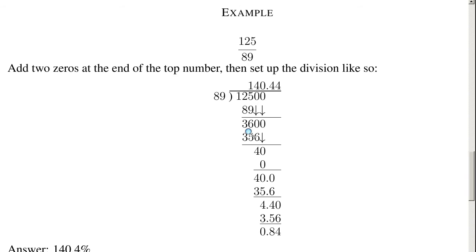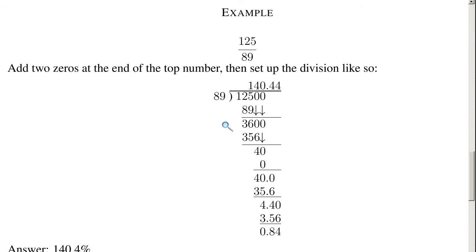Well, how many times does 8 go into 36? Well, 8 times 4 is 32. 8 times 5 is 40. So 4 is the biggest number that can fit. So then we try 89 times 4. What does that give us? 89 times 4 gives us 356.